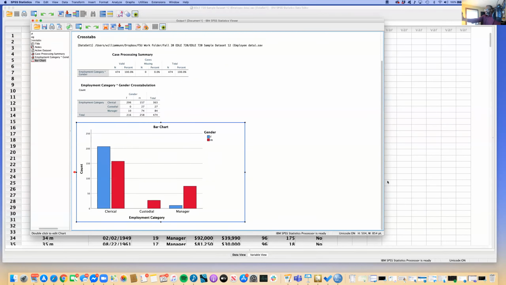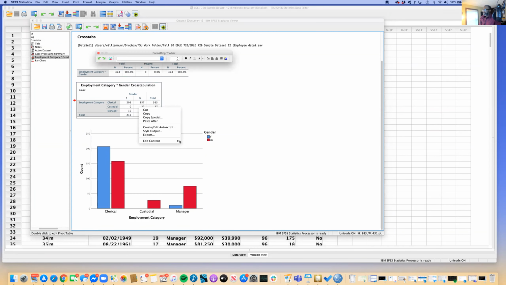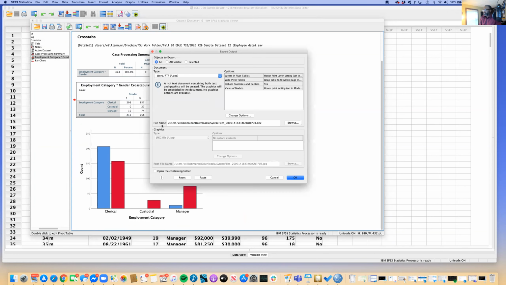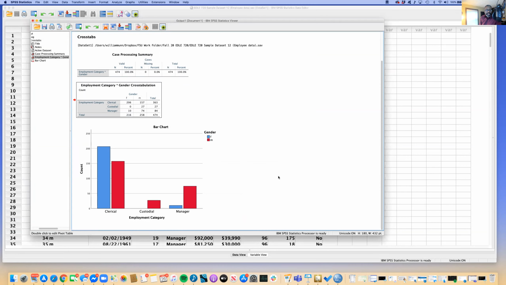One thing I really do love about SPSS is its ability to export these data tables, if you are taking it to the next level. All right. So that's pretty easy.